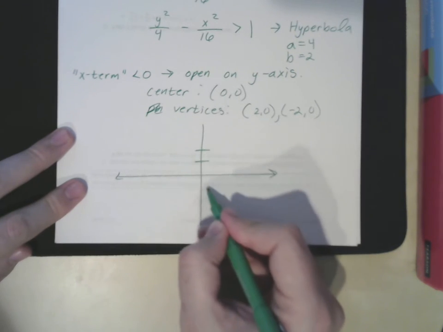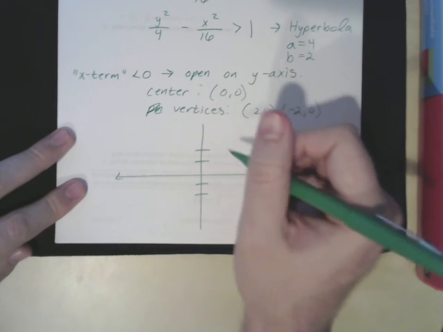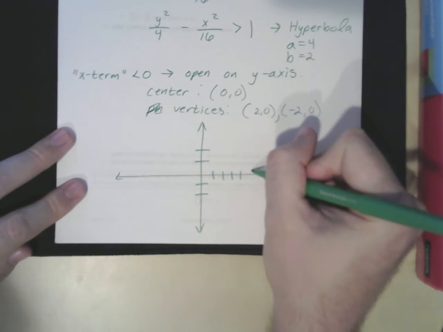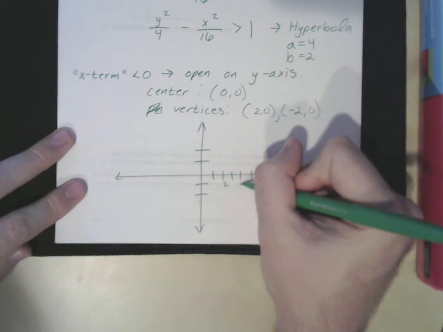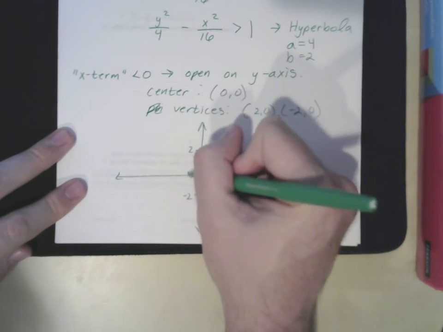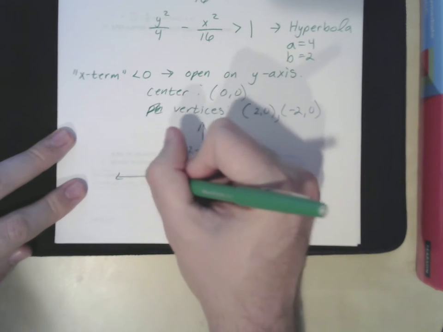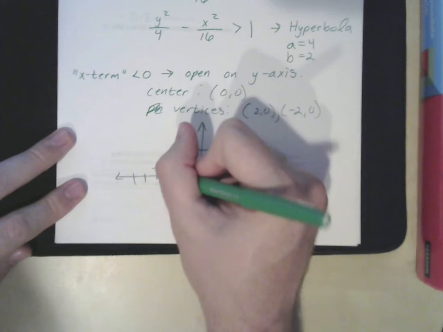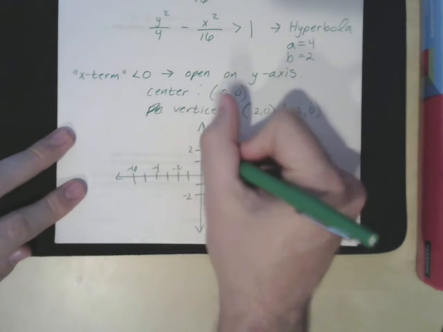I'll go up 1, 2, 1, 2. Go by 2's here, 2, 4, 6. This is -2, this is +2. This is -2, -4, -6.